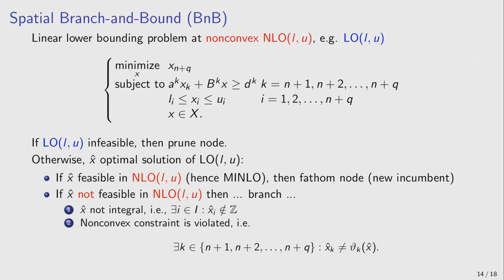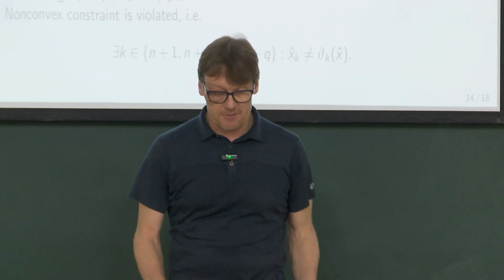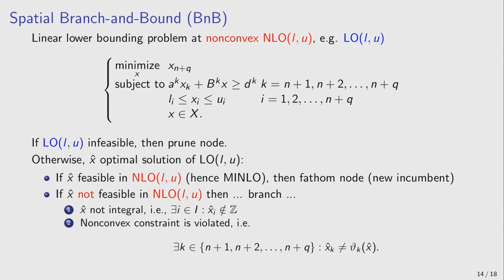And so the procedure is basically going to be, I'm going to solve this linear optimization problem that is here. If this linear optimization problem is infeasible, then I know that the original problem, of which this is a relaxation, is also infeasible. So I can prune this node. I don't need to look for solutions in that part of the branch and bound tree.